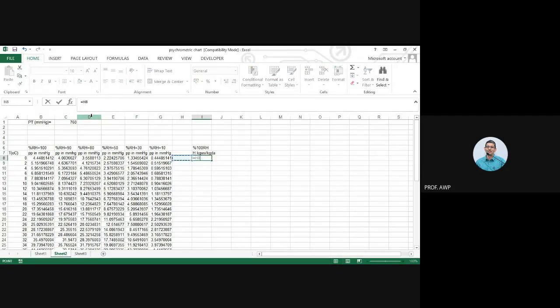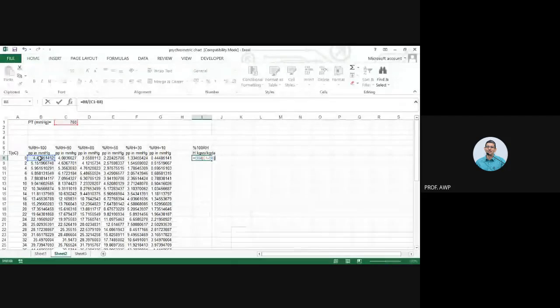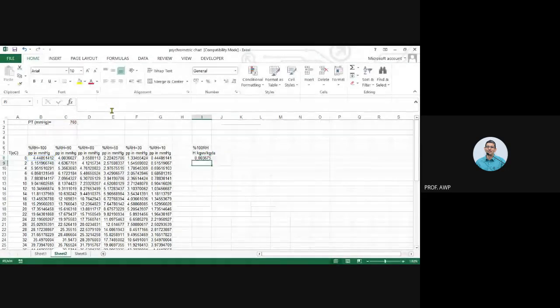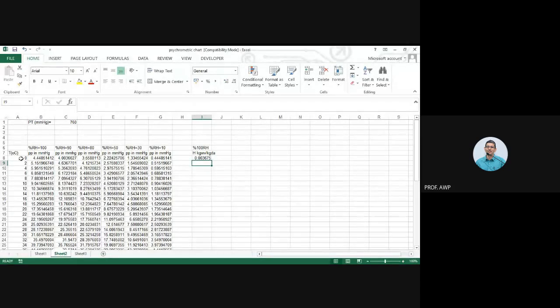I will get the humidity from partial pressure divided by 760 minus partial pressure, right? And then this whole thing multiplied by 18 divided by 28.84. That will give us humidity at 0 degrees centigrade corresponding to 100% RH.